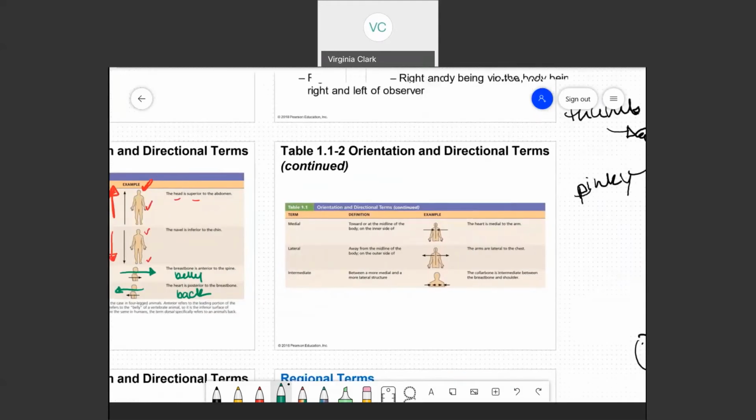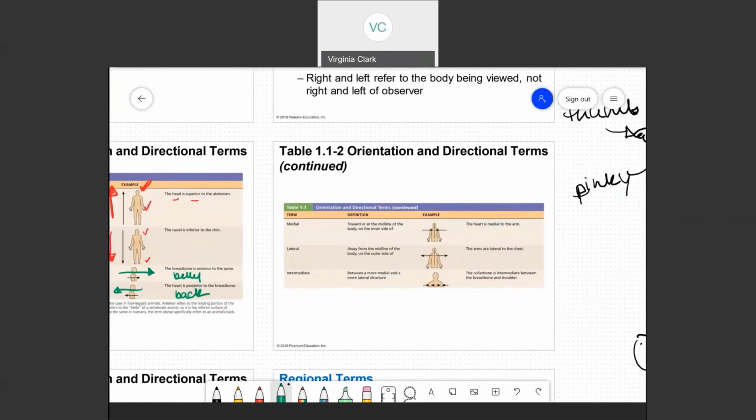Another set that go together are medial and lateral. This is looking at it as if you split the body directly down the middle. If you were to drop a plumb line directly down the body, medial is toward that middle section. You're going in to the body.